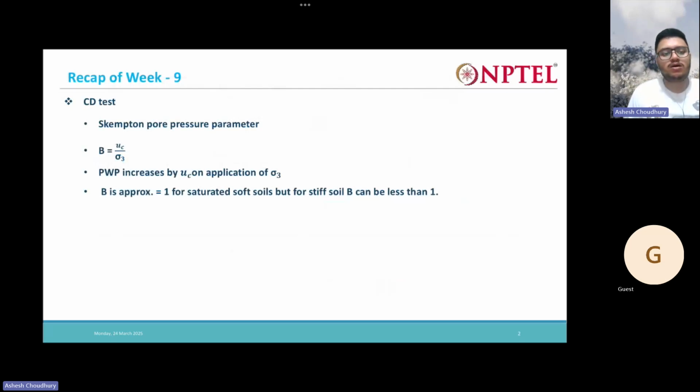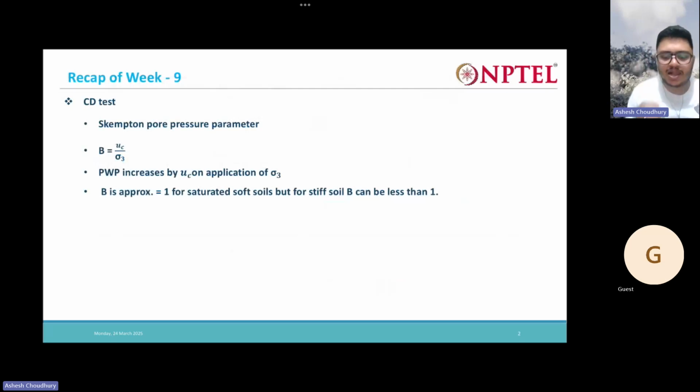Now there is something called the Skempton pore pressure parameters. There are two parameters, A and B. First we are discussing parameter B. If you recall the CD test, in the consolidation stage, first you have to apply the confining pressure.